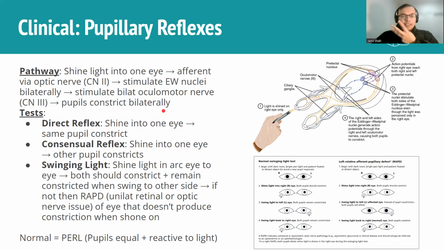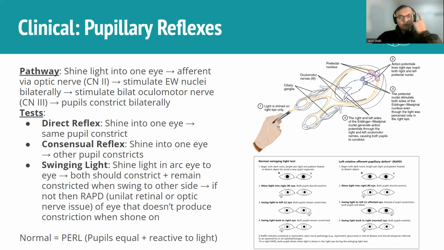Now, there are 3 tests that we normally think of here. The first one is the direct reflex, where you shine the light into one eye and the same pupil constricts, which makes sense because your eye is responding to a brighter stimulus by constricting the pupil and therefore limiting damage to the retina. The consensual reflex is where the opposite eye also constricts.